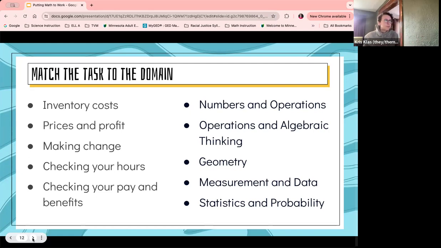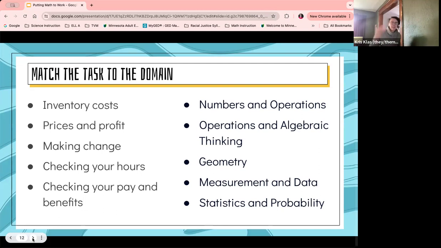Inventory costs. A lot of what you're trying to figure out is within addition, subtraction, multiplication, and division, which is numbers and operations. Prices and profits, it's also going to be numbers and operations. It's really finding the difference between the price that you're selling something for, the amount of money you get from the customer, and the cost that you have put out for that inventory.